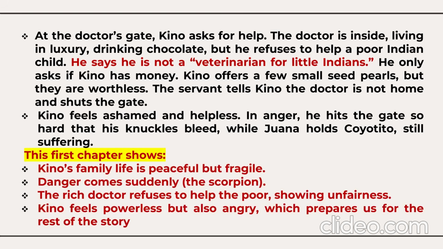So this chapter shows Kino's family life is very peaceful but fragile. Danger comes suddenly in the form of a scorpion bite. The rich doctor refuses to help the poor, which shows unfairness. Kino feels powerless but also angry, which prepares us for the rest of the story.